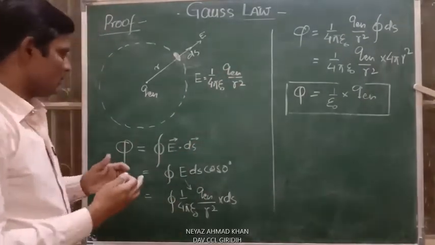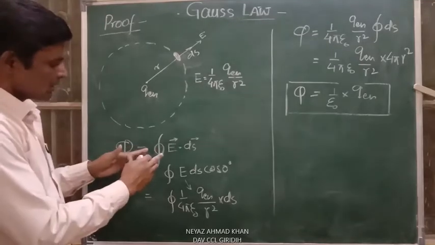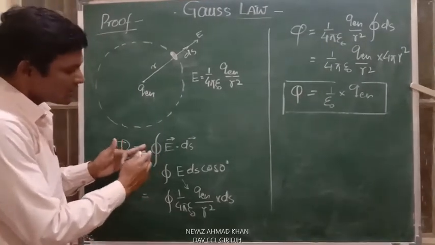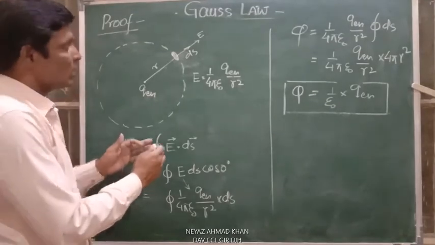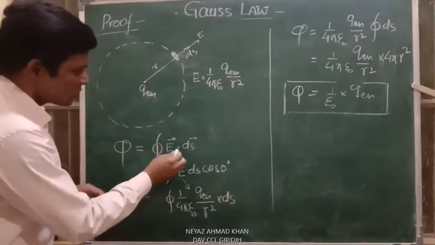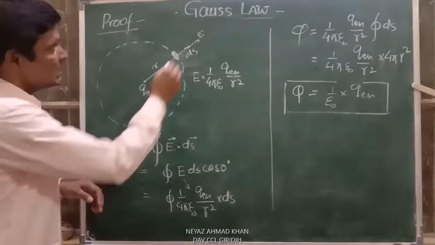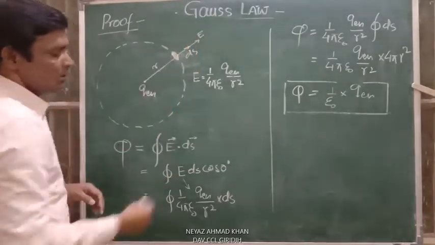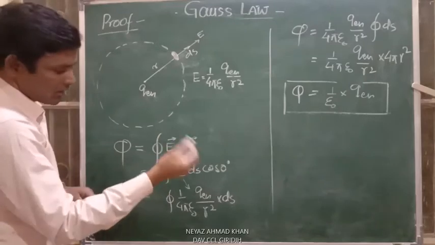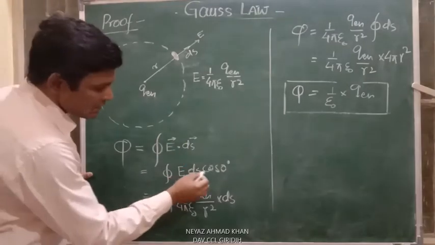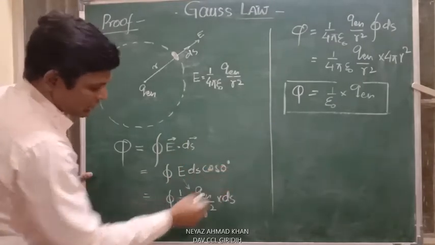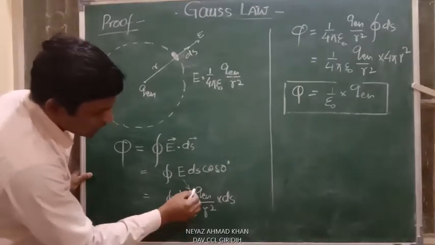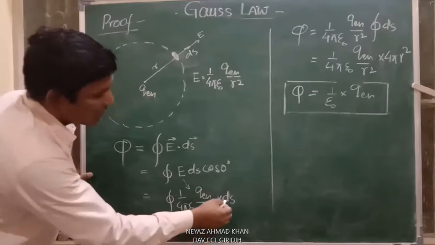From the formula for calculating flux, phi is equal to the surface integral carried over the total surface, so this is E dot ds. Since ds and E are parallel to each other, the angle between them is 0, and as per the dot product, E ds cos theta, and theta is 0 here. In place of E, I have taken 1 by 4 pi epsilon naught Q enclosed by r square, and ds.